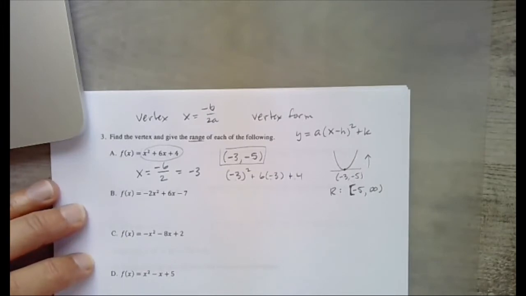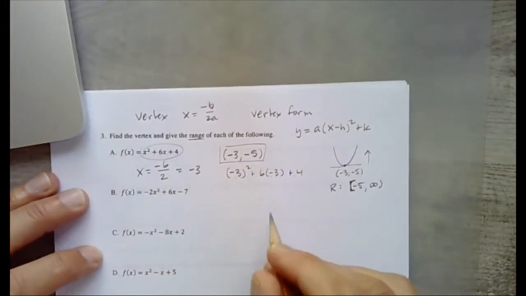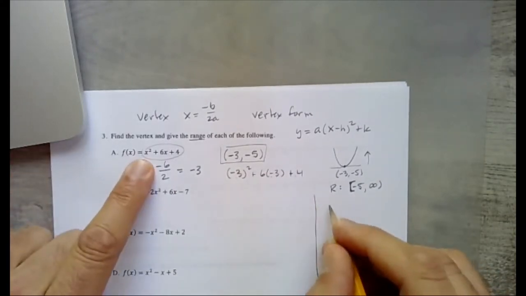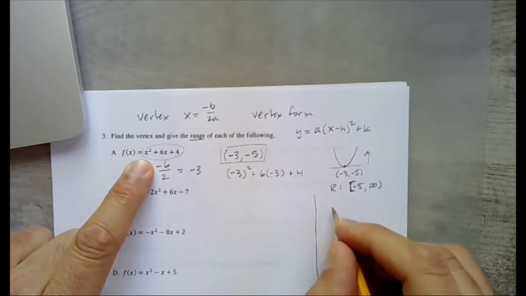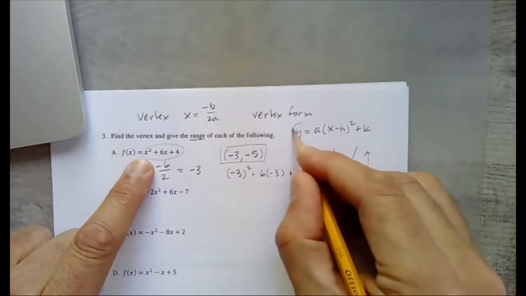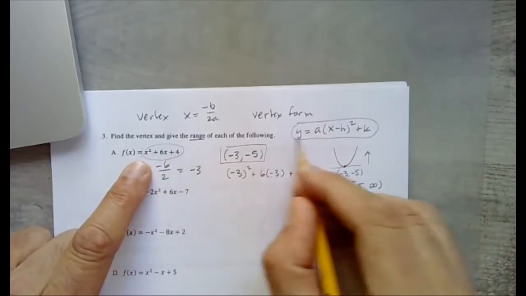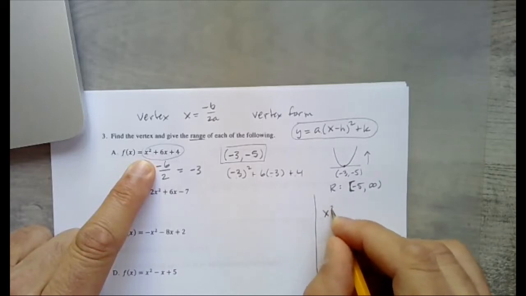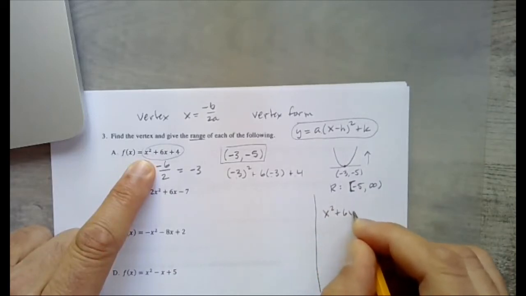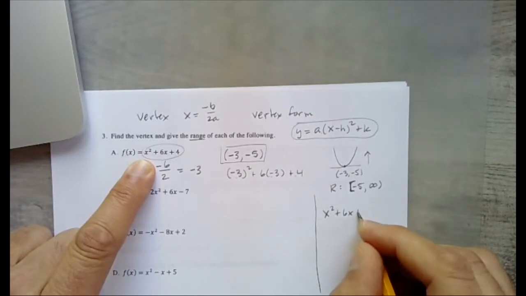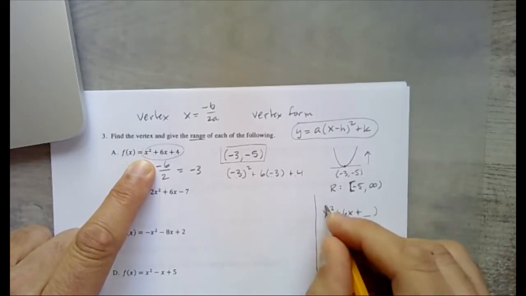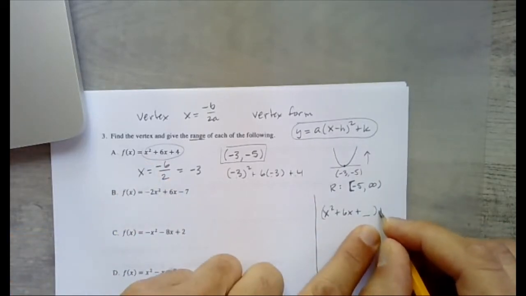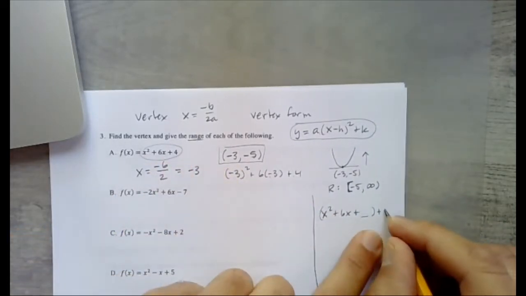Now if I had done this one by putting it in vertex form, let me do that over here. To put this in vertex form, we want to write this in the form up here. The leading coefficient is already 1, so I don't have to do anything with the a. I want to take this x squared plus 6x, and remember that we're going to add something in here to make this a perfect square, and then plus 4.